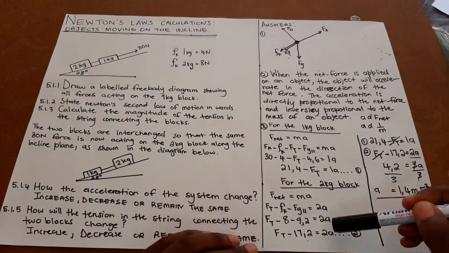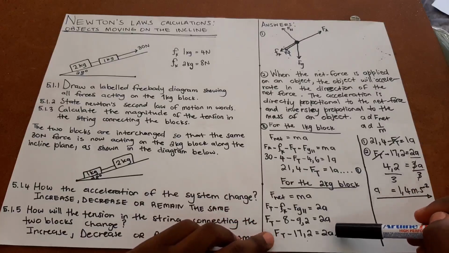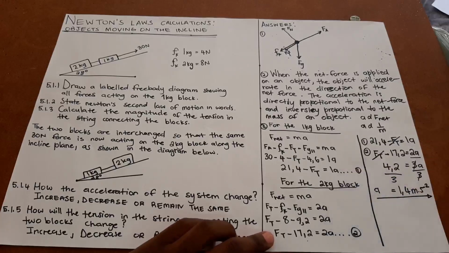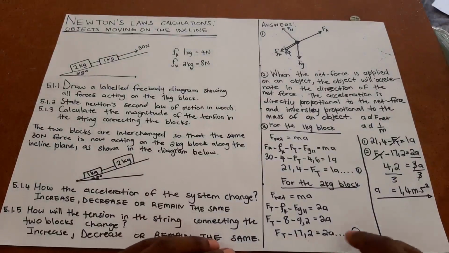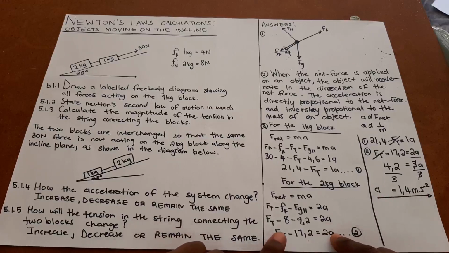You either substitute the value of A on the second equation or on the very first equation, but let's use the second equation. If we substitute our A there, the only unknown left is going to be Ft, the tension force.